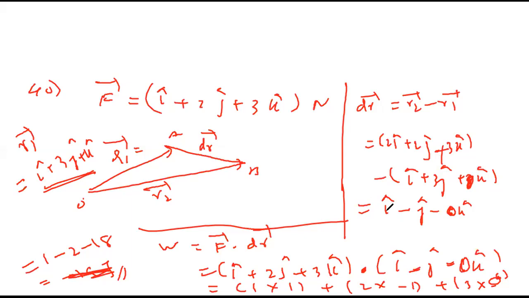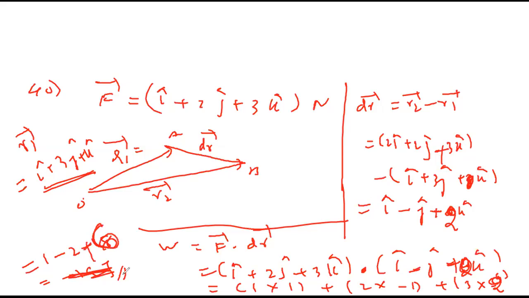So 2i minus i is i, 2j is minus j, 3 minus 1k will become plus 2k. So plus 2k. That means 1 into 1, 2 into minus 1, and 3 into 2 is 6. So 1 minus 2 plus 6.